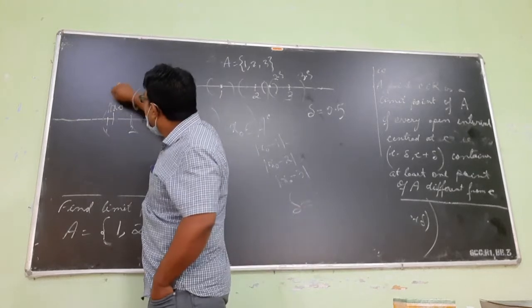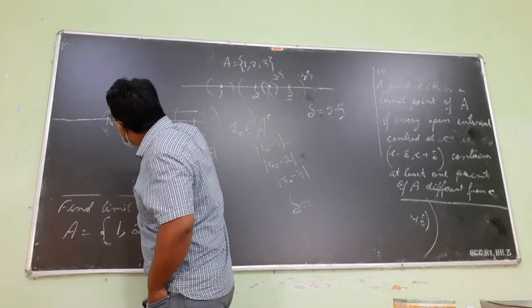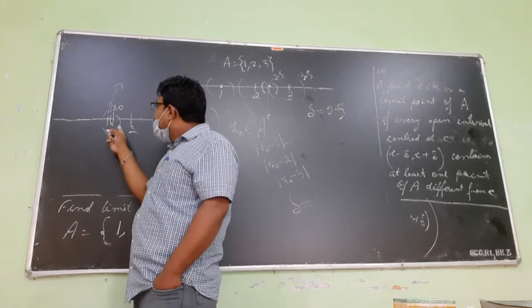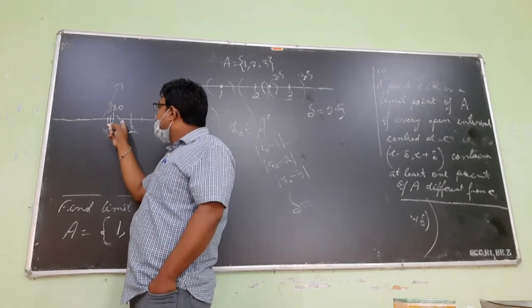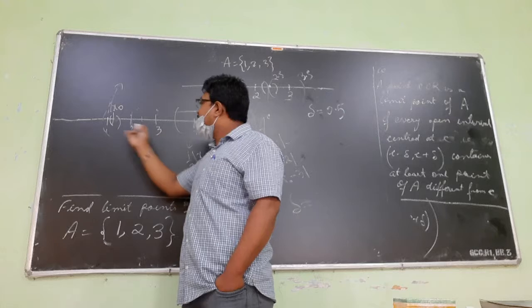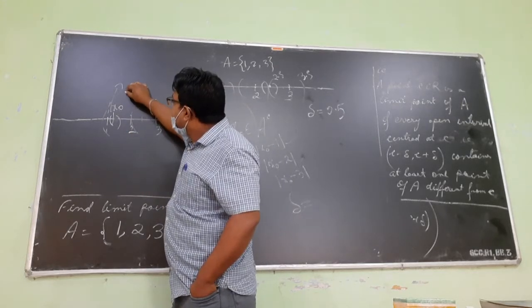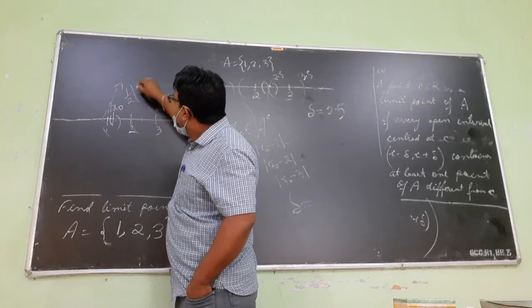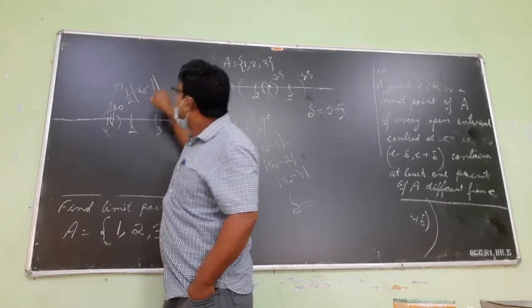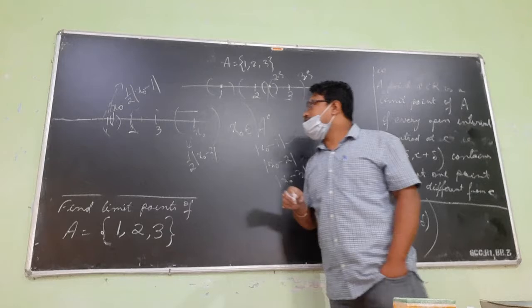If x0 lies here, what should be our delta? I should take a delta of this type. For this delta, the open interval will not have any point of A. So what will be delta in this case? Half of x0 minus 1, the distance between x0 and 1.